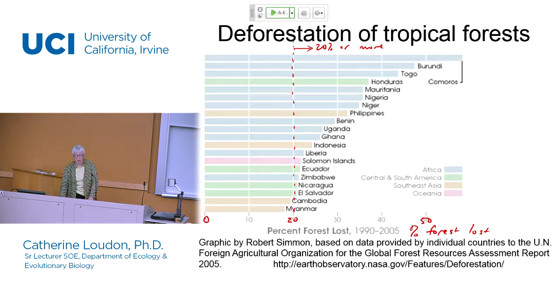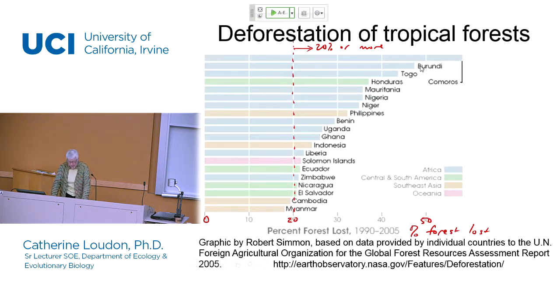And you can notice a couple of things here. One is that this is not just one continent. We've got Africa, Central and South America, Southeast Asia, all represented here, for example. Now, some of these countries are relatively small in terms of total acreage or square miles area, and so losing 50% may or may not be an actually large area.